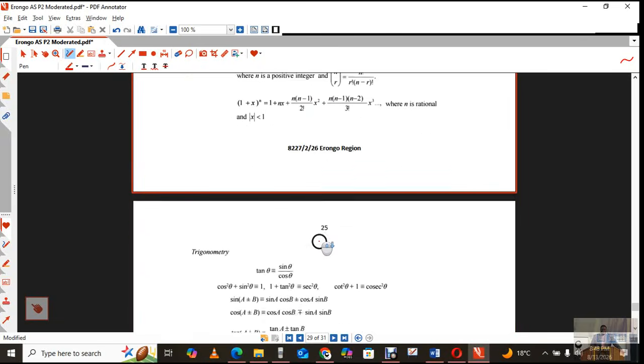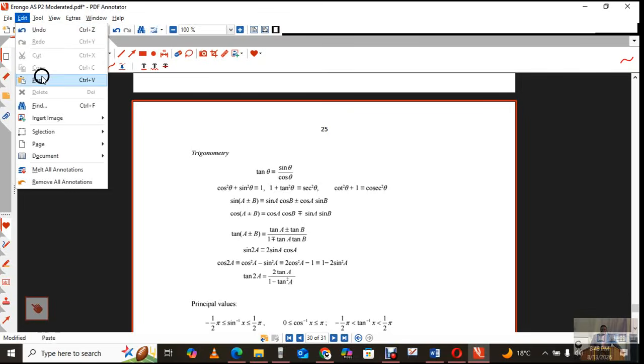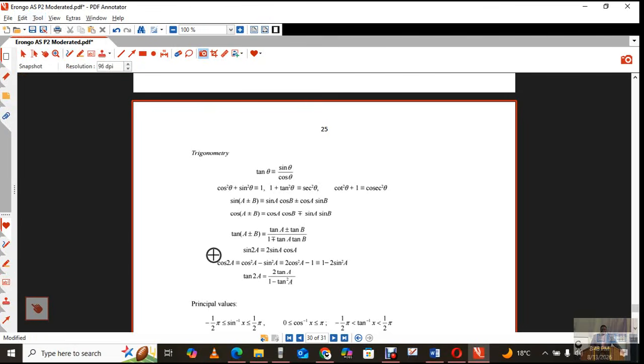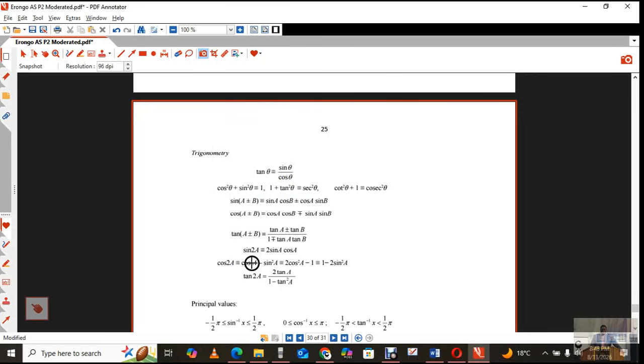So we go to trigonometry and we are dealing with our double angle. This is the one for cosine. Let's take all of them, for sine, cosine, and tangent.